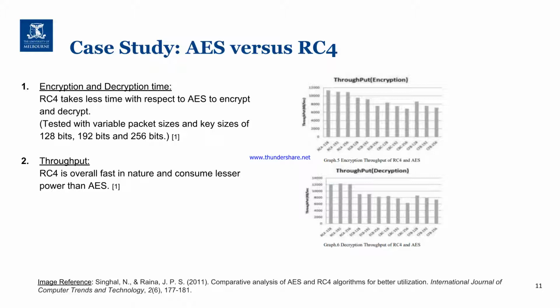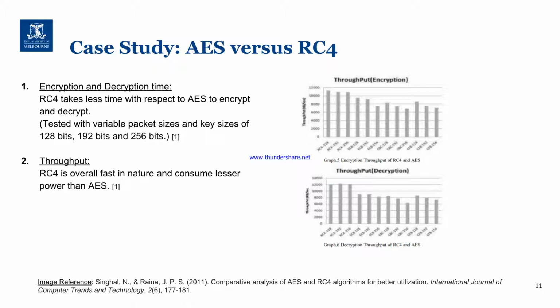In terms of encryption and decryption time, RC4 took less time than AES to encrypt and decrypt, and we infer that due to the single unit of RC4 it could take less time, while the large block of data in AES takes higher time to encrypt. Then, as shown in the graph on the slide, in terms of throughput, RC4 is overall fast in nature and it consumed less power than AES.